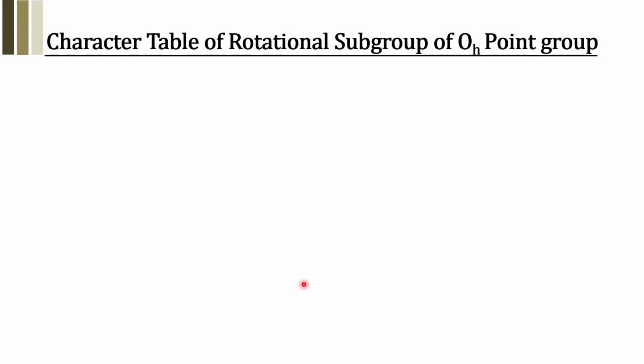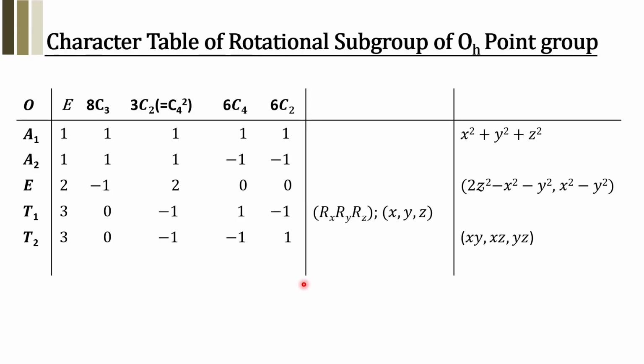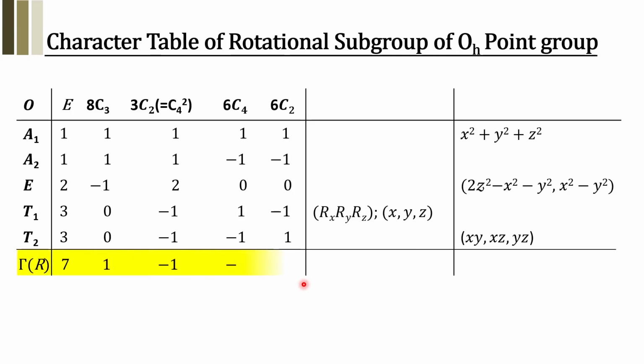We are supposed to use these values in the same character table, that is the rotational subgroup of the OH point group. And we have the characters 7, 1, -1, -1 and -1.